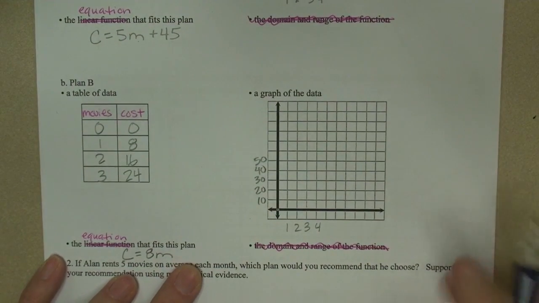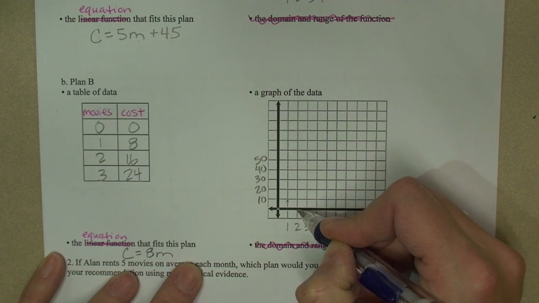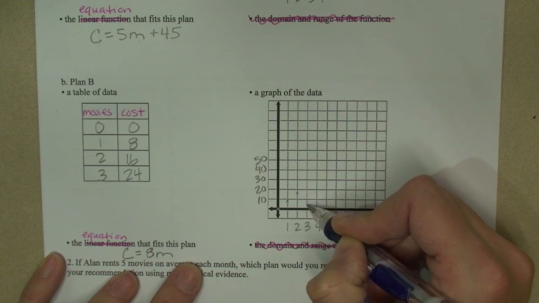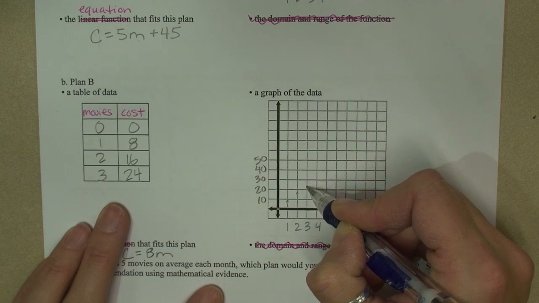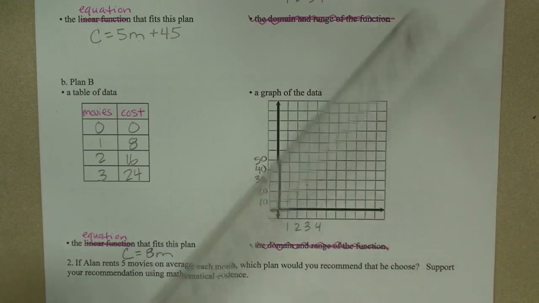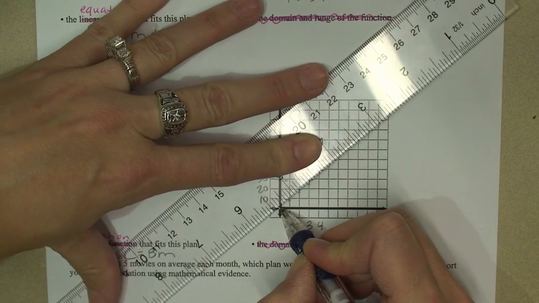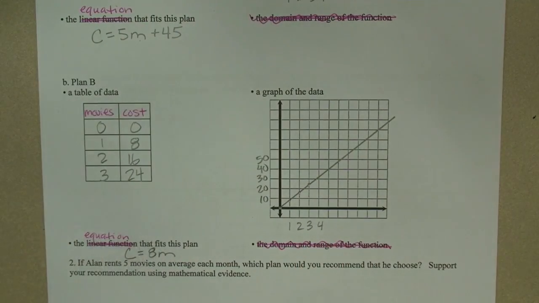And then at 1, 8, which is just right below, 2 at 16, 3 at 24. Tricky because none of them lie on the grid, like I'm guessing on all of them, but it's as good as I could get it. I don't know if you guys came up with a better scale, tell me in class tomorrow, but that's what I got.